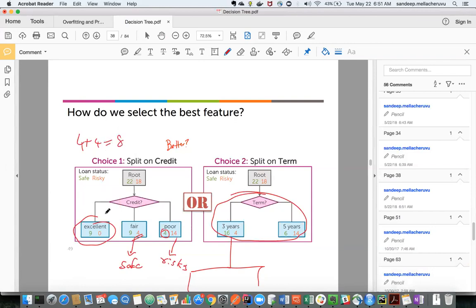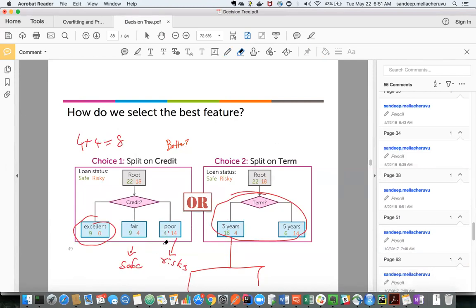Are you clear what this wrong answer is? Assume that this is really a safe loan. In this branch, if you predict safe, you're 9 times correct. 4 times you're wrong, because 4 times the data says it is a risky loan.